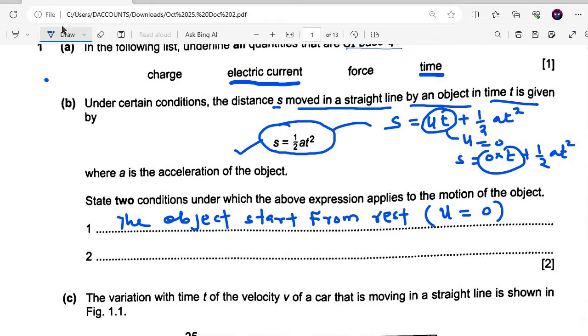The other condition for using this equation is that the object must be accelerating uniformly.